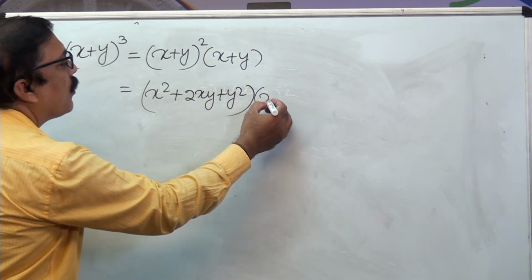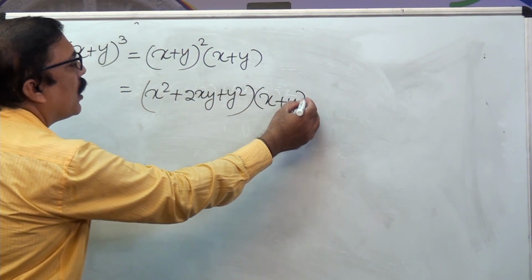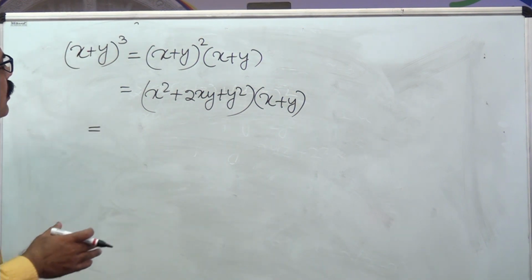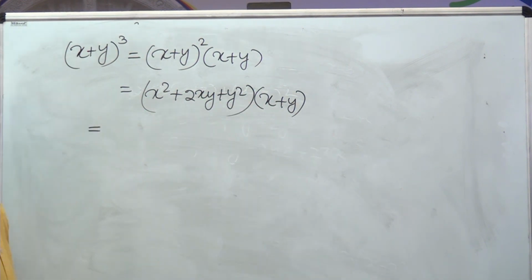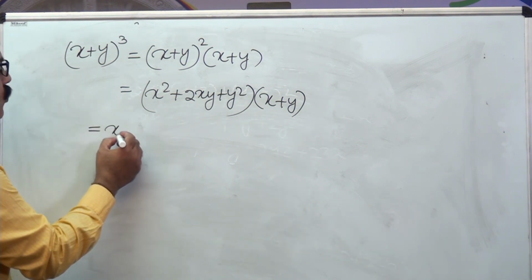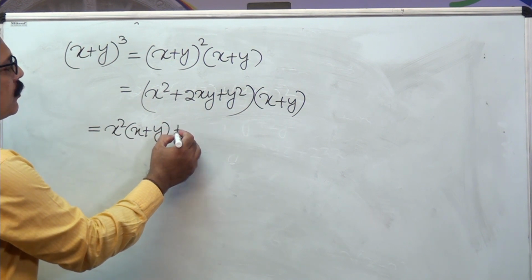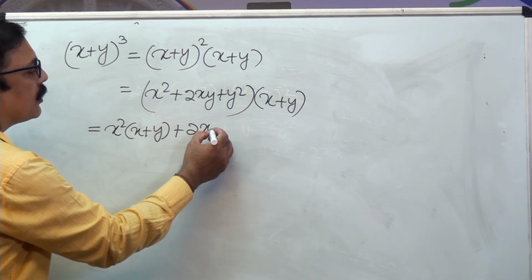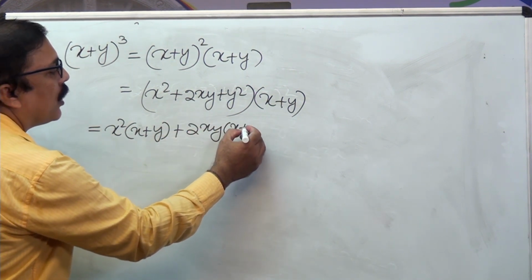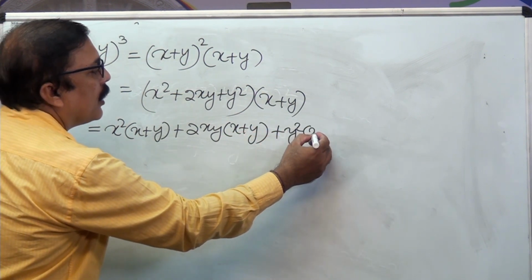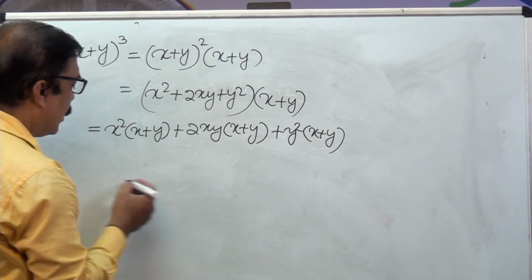This is to be multiplied with x plus y. Now, by the distributive property, x square into x plus y, plus 2xy into x plus y, plus y square into x plus y.